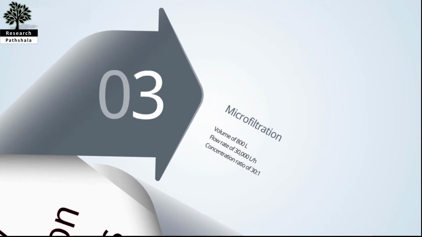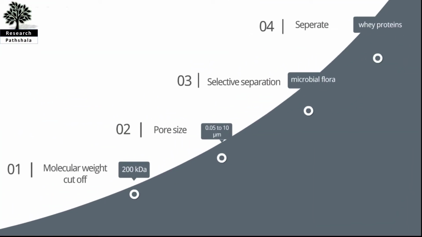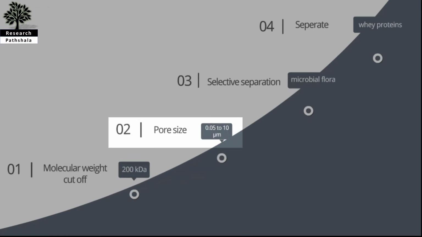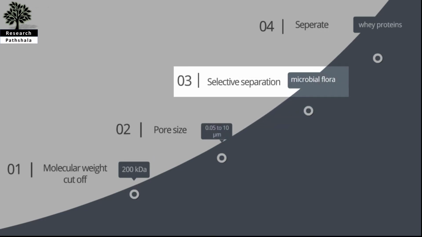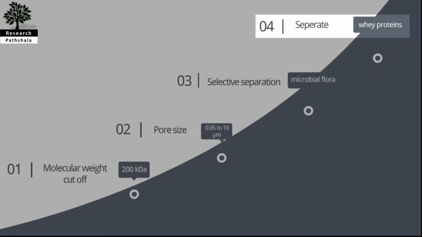Now let's discuss microfiltration. Microfiltration is similar to ultrafiltration, but here the molecular weight cutoff is 200 kilodalton. The membrane pore size may vary from 0.05 to 10 micrometer, allowing the selective separation of the microbial flora and the separation of the whey protein from the other components also.